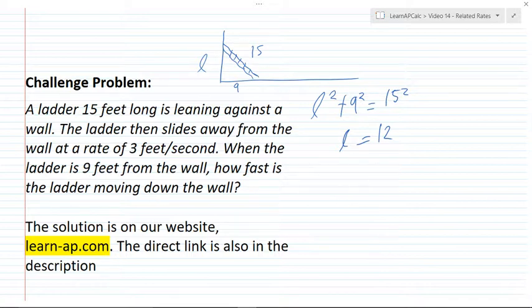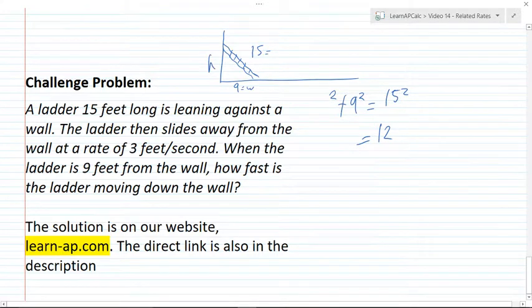Okay, so now the problem is asking how fast is the ladder moving down the wall. It might be worth writing this out as width, height, and ladder, with the ladder being 15.